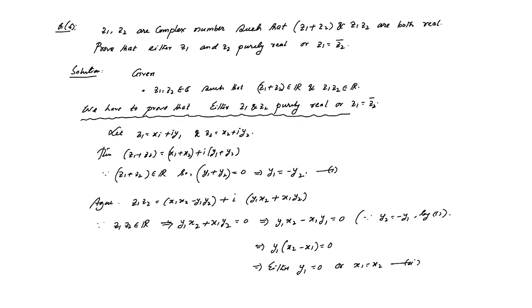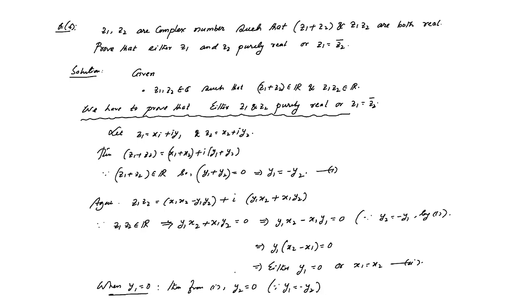This is 2. Now if we choose Y1 equals 0, then from 1 we get Y2 equals 0, since Y1 equals minus Y2.